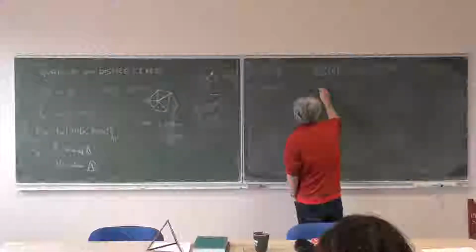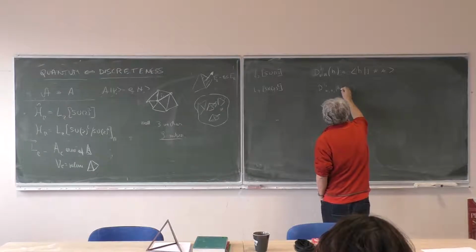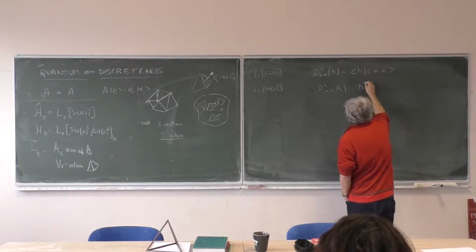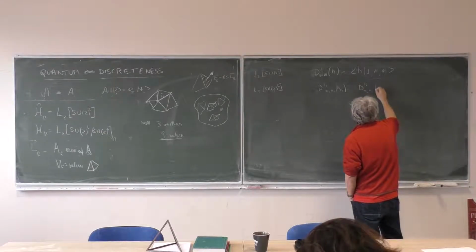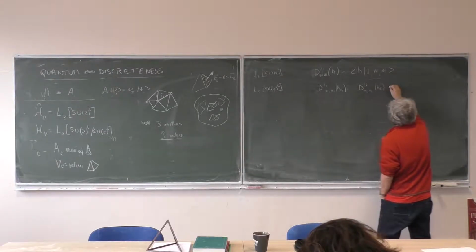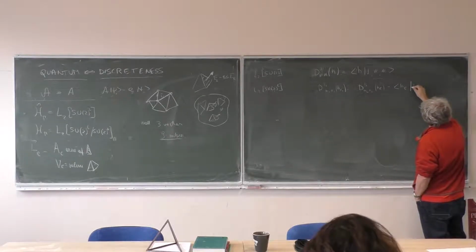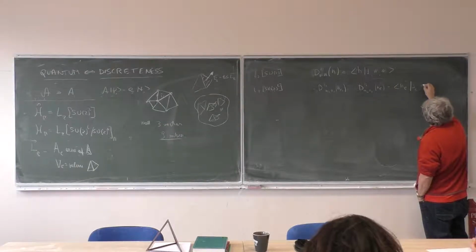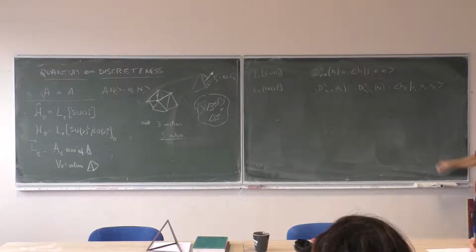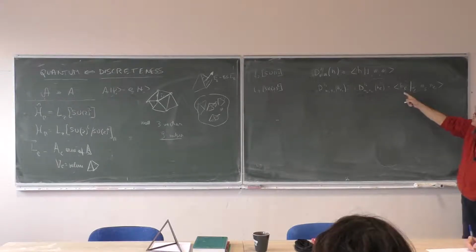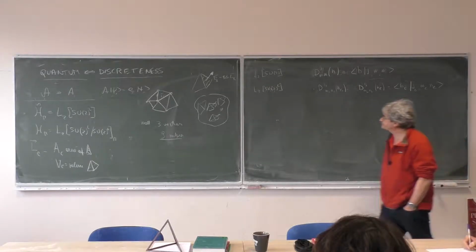So the basis is given by D^{j1}_{m1 n1}(H_1) up to D^{jL}_{mL nL}(H_L), and the quantum numbers that label the basis are j_L, m_L, and n_L. Okay? So I know exactly how to write this state. These are just a product of Wigner matrices.